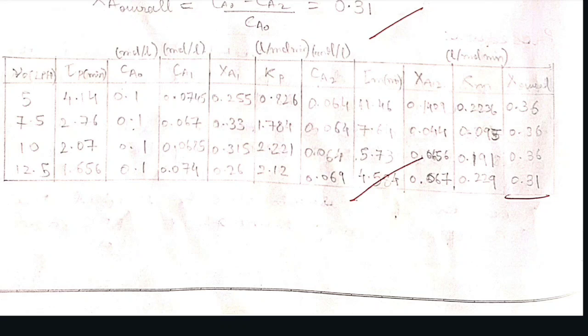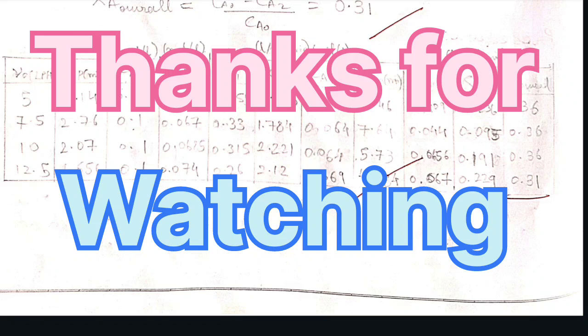But the overall conversion of the whole system is 0.36. So here we can see that the overall conversion is increased and is more than the individual conversion of both the PFR and MFR.